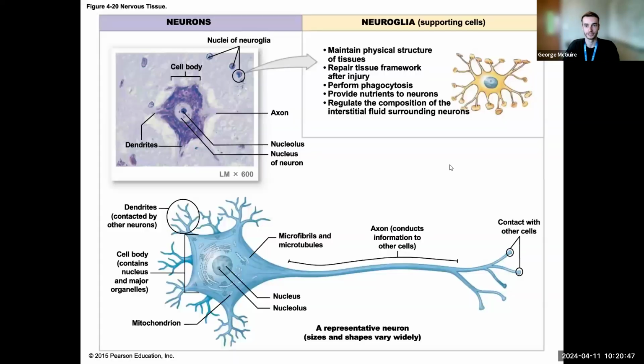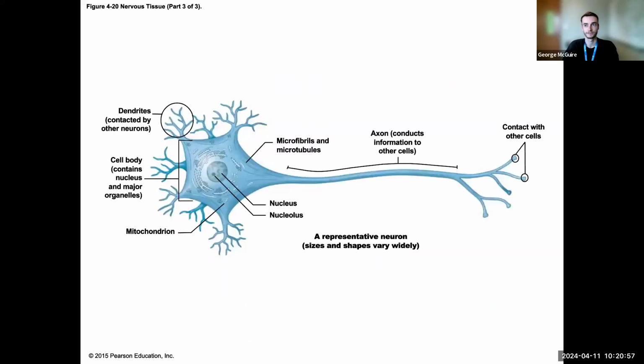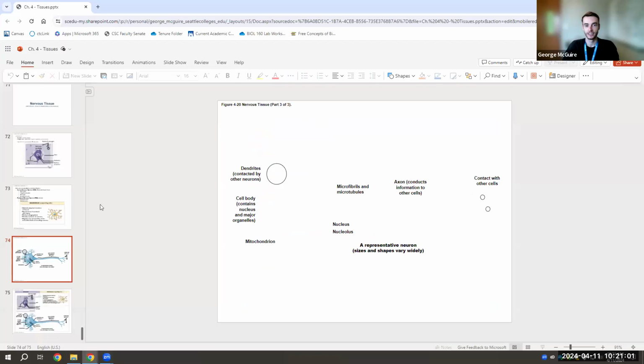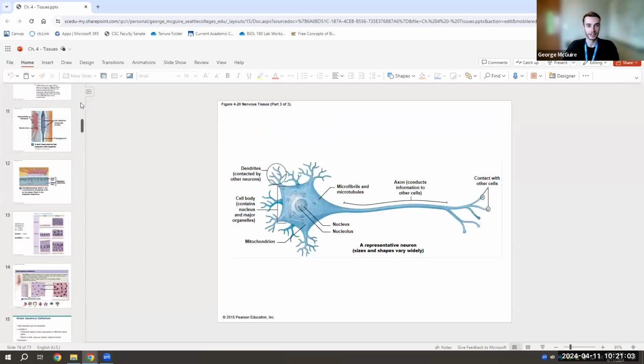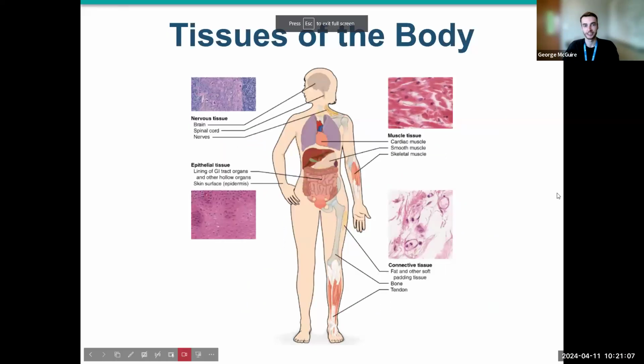And we're not going into any more depth than just that, just a basic look at what a neuron looks like and a quick introduction to the cell types of that supportive network, the glial cells. So with all that together, you have been introduced to all of the major tissue types in the human body, a general idea of what they all do.